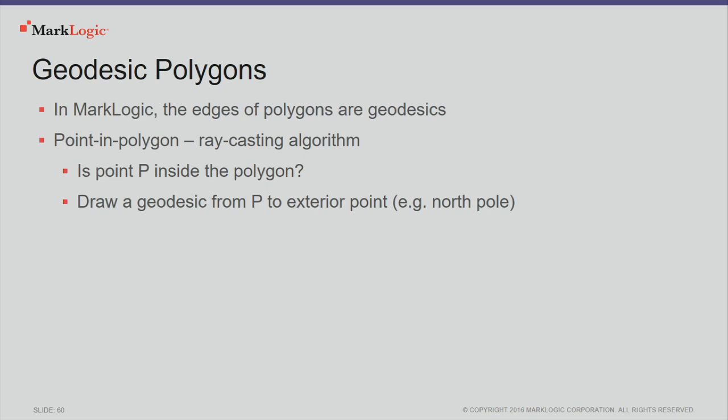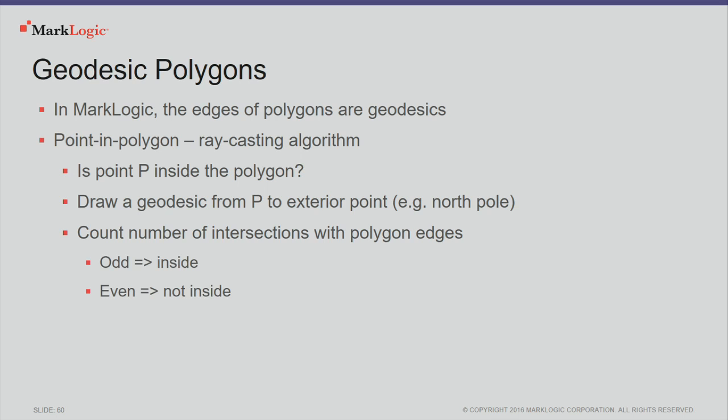And we're going to count how many times we cross the boundary. So maybe it's better to think we're coming from the outside, and so we may go in, out, and so forth. Depending on whether the number of intersections is even or odd, we can determine if the point is inside or outside of the polygon.